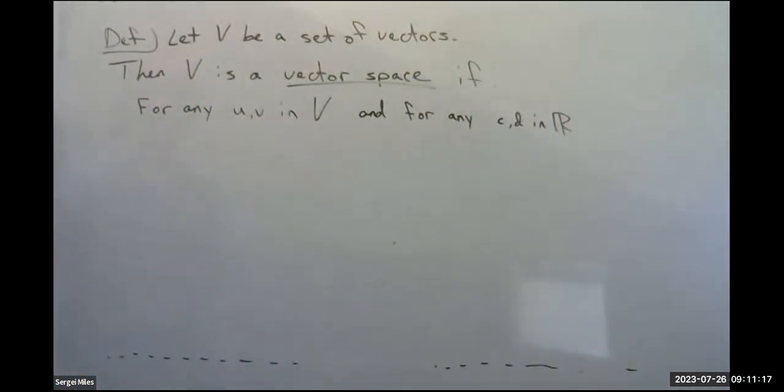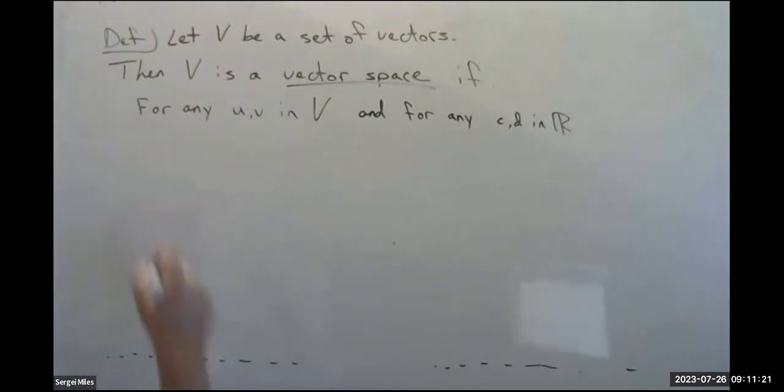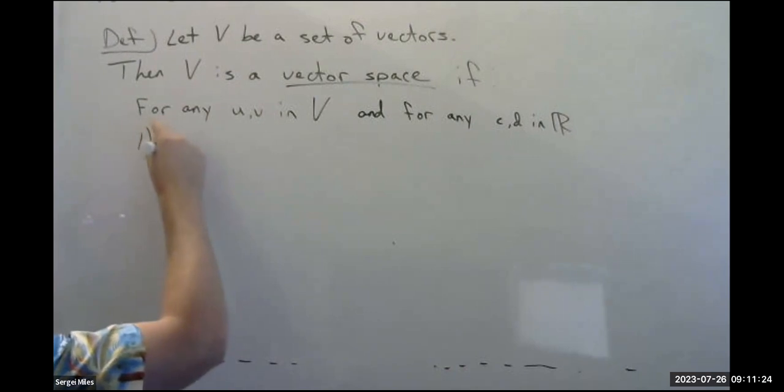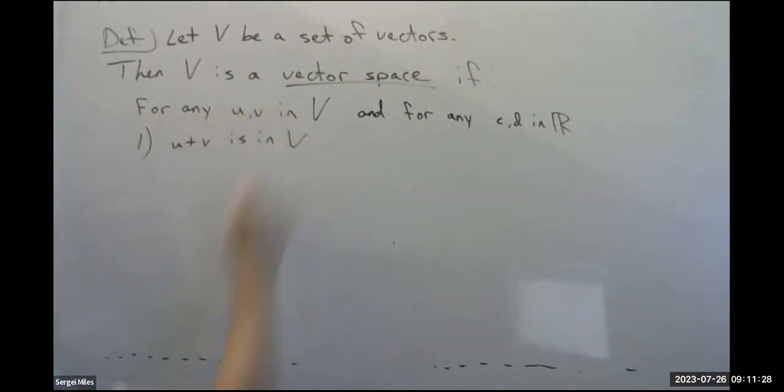So if for any u and v and for any c and d in R, we have, first of all, 1, u plus v is in capital V. So basically, we're just saying, first of all, if I add 2 vectors together, I want the result of adding together to still be in that space, right?